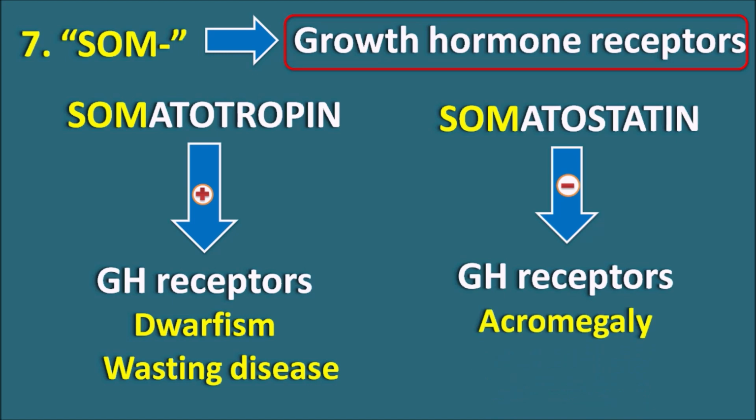Acromegaly is because of the excessive release of the growth hormone, where the somatostatin can be used. And the somatostatin can also be used in the treatment of VIPomas, the vasoactive intestinal peptidomas. In this way, these two drugs having the same prefix SOM, which indicates they are acting on the growth hormone receptors, but somatotropin acts as an agonist and somatostatin acts as an antagonist.